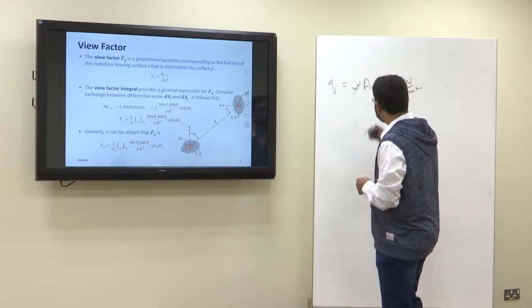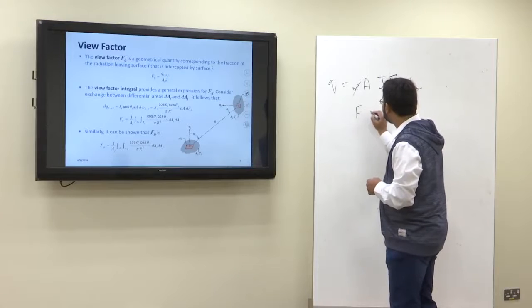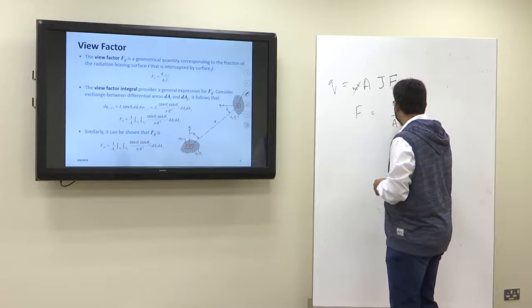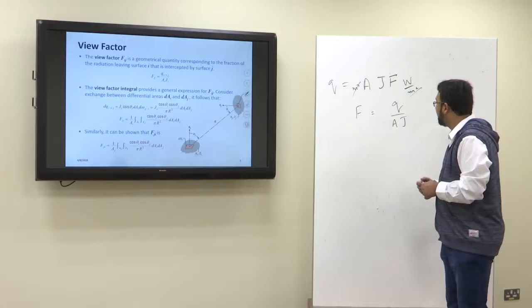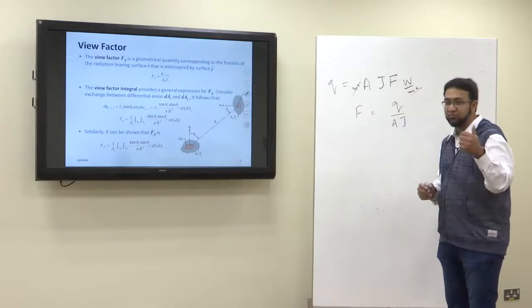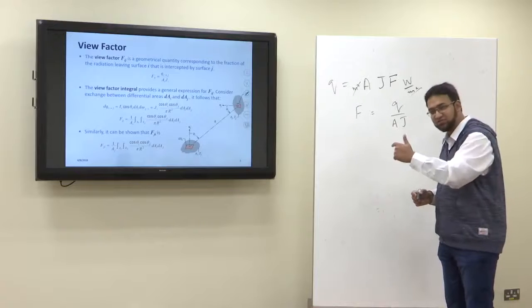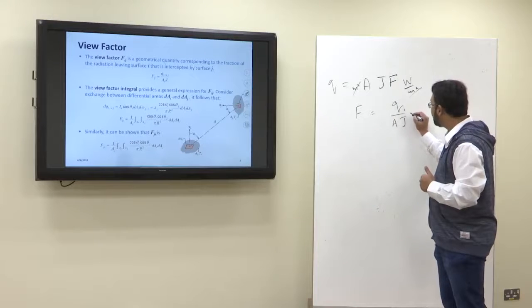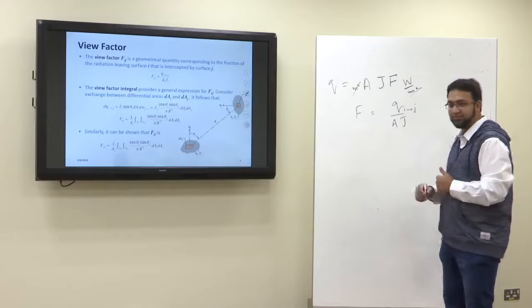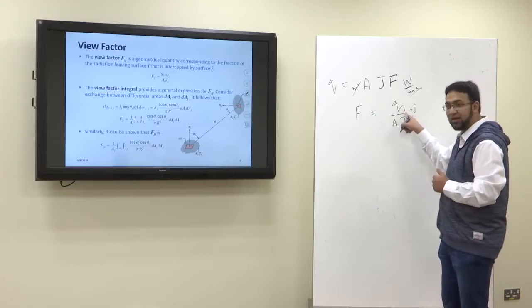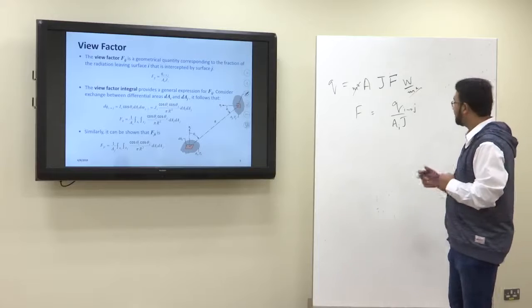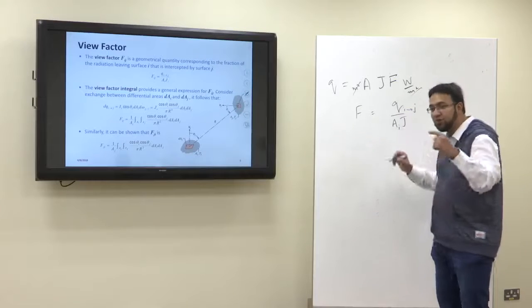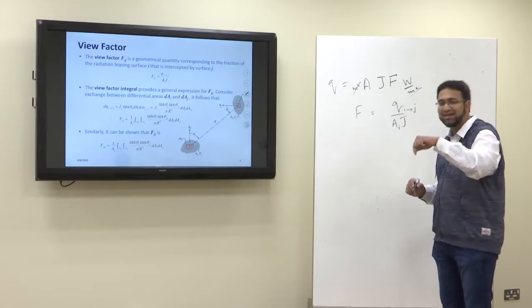Anyways, so what will be the formula for view factor? View factor will be Q upon A J. Let's say two surfaces, one surface is I, other surface is J. The amount of energy emitting from I which reaches J. Since it is emitting from I, the surface area of I is important, and the amount of radiosity emitted by I is important.